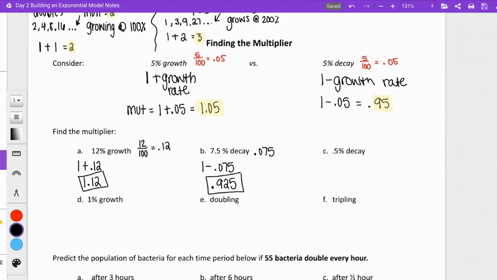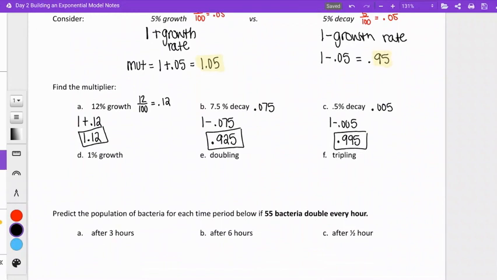If something is decaying at 0.5%, like not even 1%, just 0.5%, that decimal equivalency is 0.005. And if it's decaying, 1 minus 0.005 is 0.995. If something grows at 1%, the decimal is 0.01.